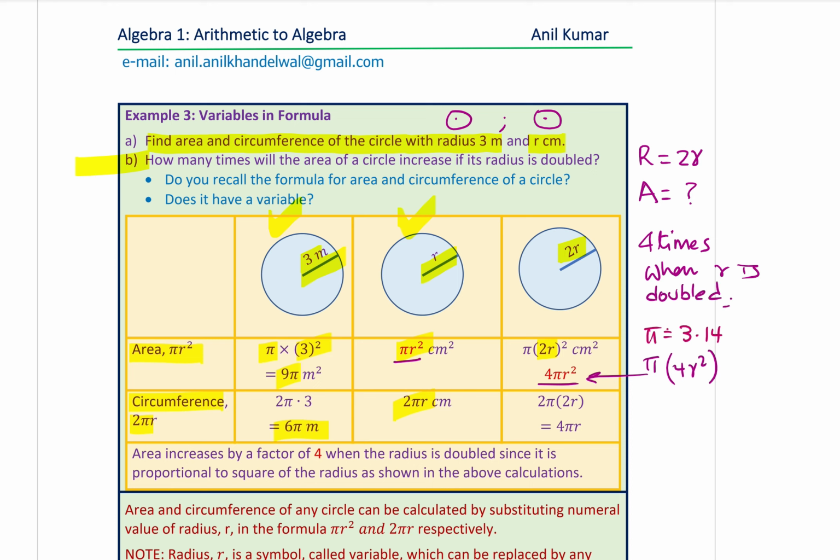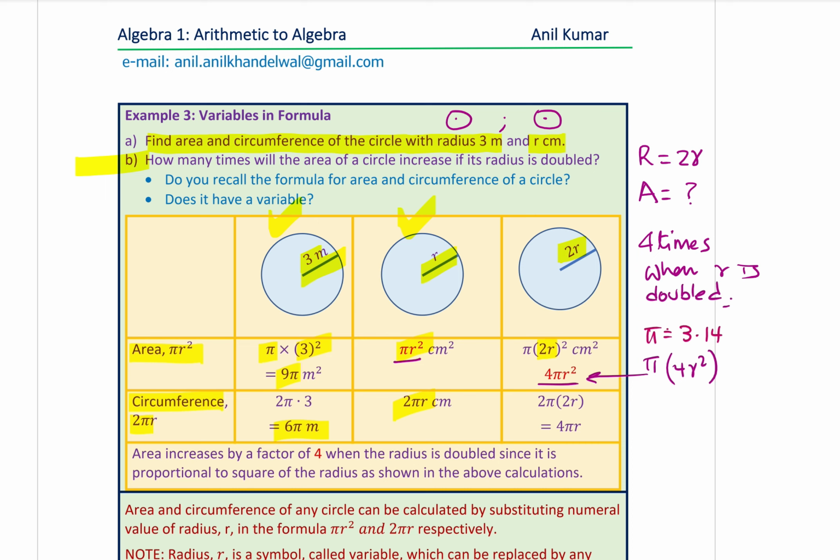Perfect. So when radius is doubled, area becomes 4 times. That is how, using formulae, not the values, in general also, we can see how these parameters can be related. You get an idea, right? So that is the beauty of these formulae. They help us understand the situation better.